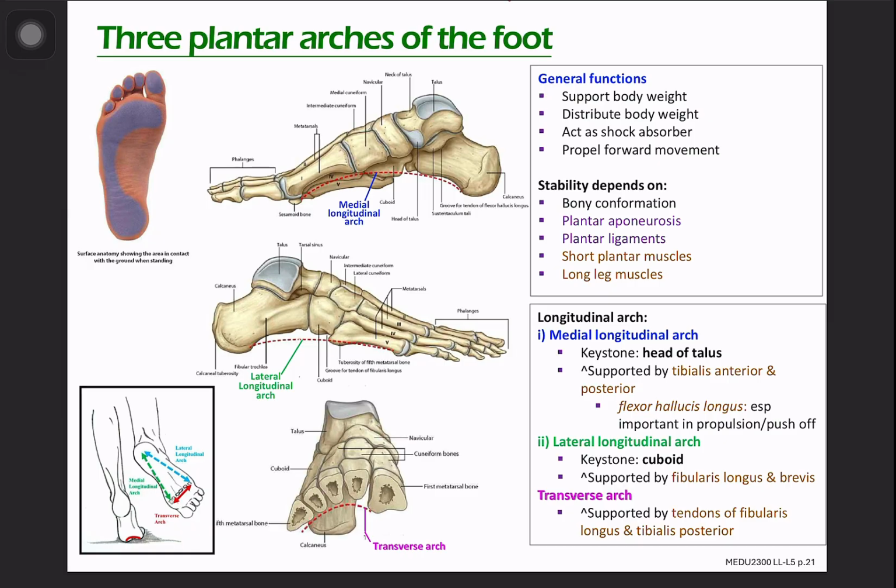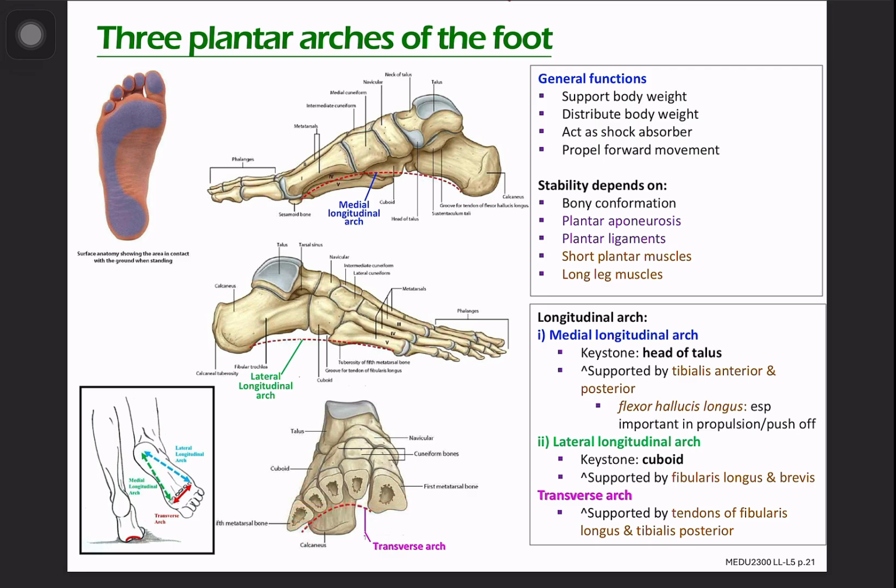For the lateral longitudinal arch, the cuboid is the keystone. The transverse arch is very important in distributing weight across the width of the foot.